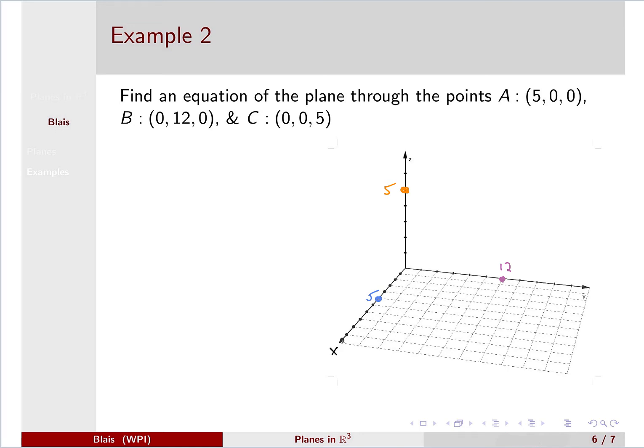And we're asked to find an equation of the plane through these points. So the plane we seek intersects the first octant in this triangle here.